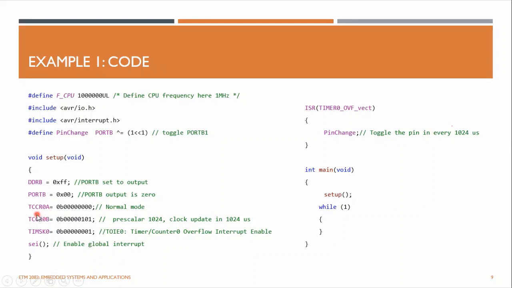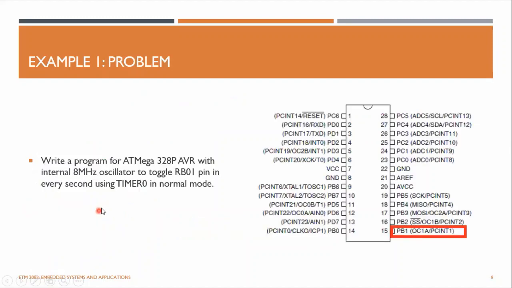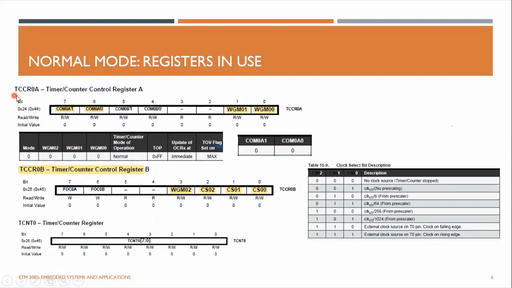And I want to use the normal mode. Like I mentioned, if you use the normal mode, TCCR0A should be all zeros, right? This is TCCR0A. Initially it is 0 because if you want to run it in the normal mode, WGM01 and WGM00 should be 0, and these two should be 0.